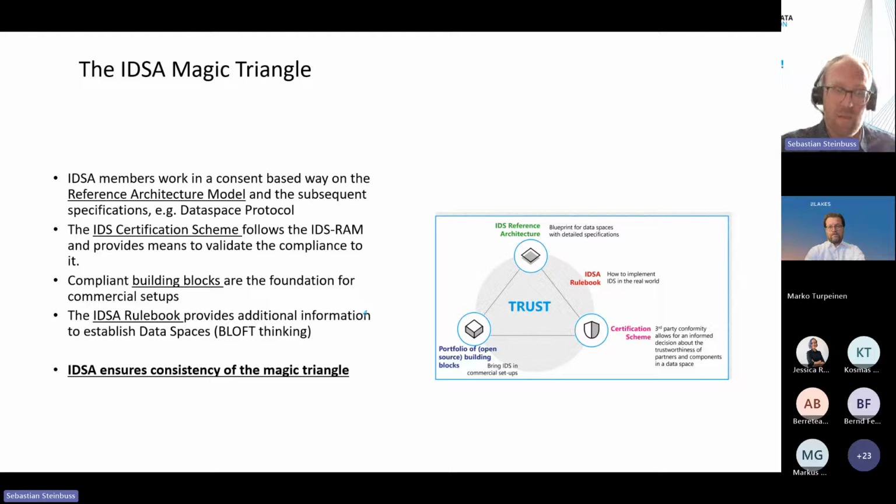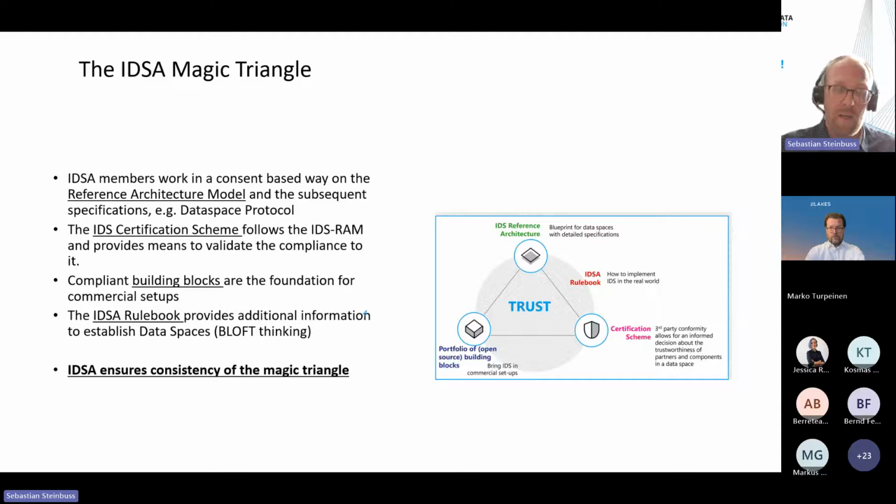And this is part of our reference architecture model to describe how to build data spaces as a real good guide and best practices to build data spaces. And when you've built something, then you want to validate if this is really compliant to the rules given. And this is what the IDSA certification scheme is about.